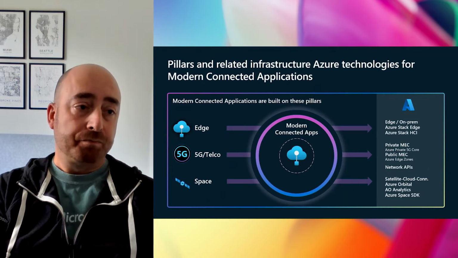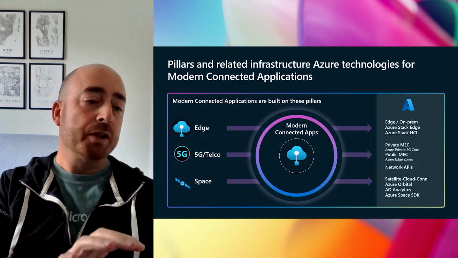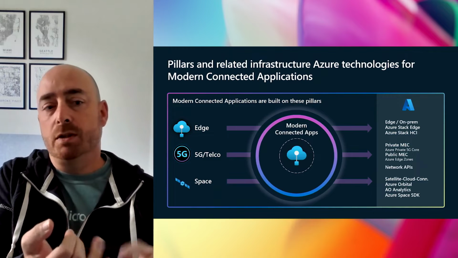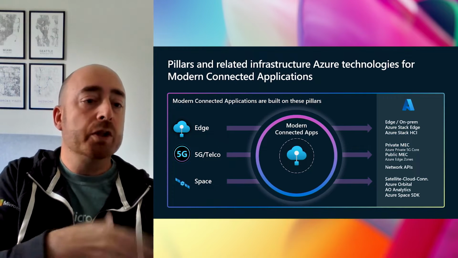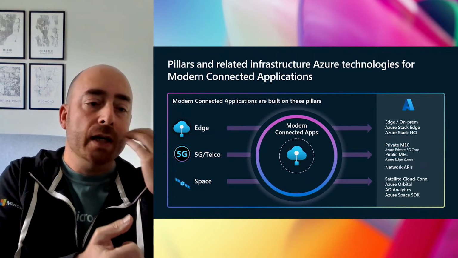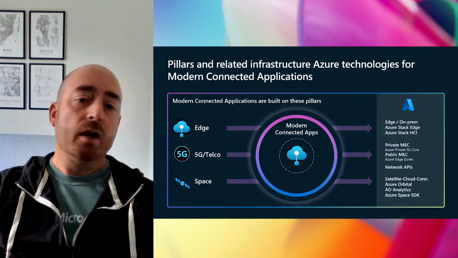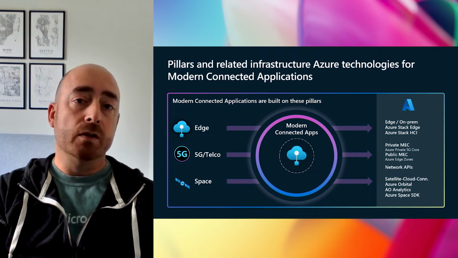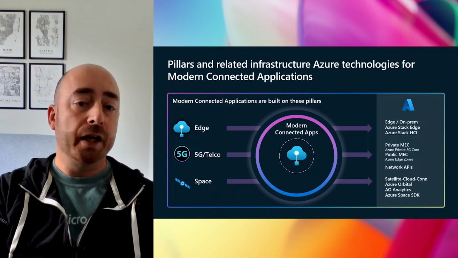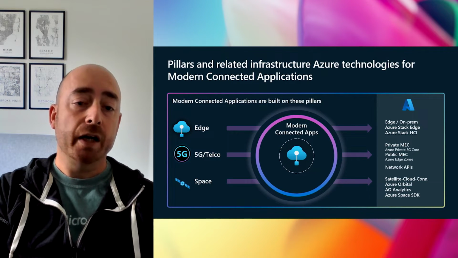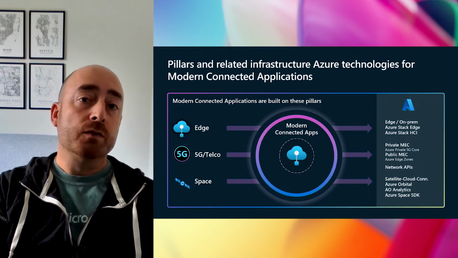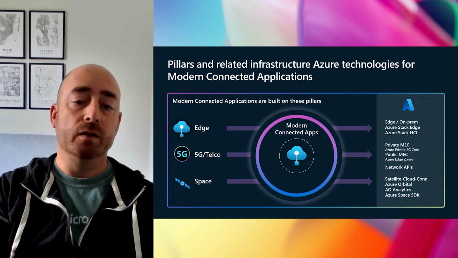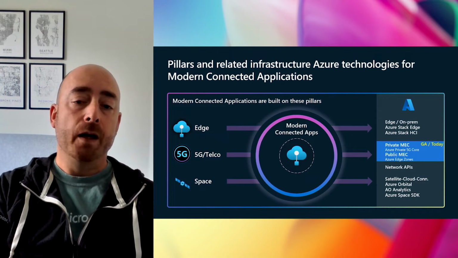But then these modern connected applications, because that's what you're going to create as a developer, as an ISV, as a company, under the covers there are Microsoft products, for instance, for the servers or appliances at the edge, like Azure Stack Edge, or products for the 5G network, like the 5G core, which is kind of the brain of the 5G network.